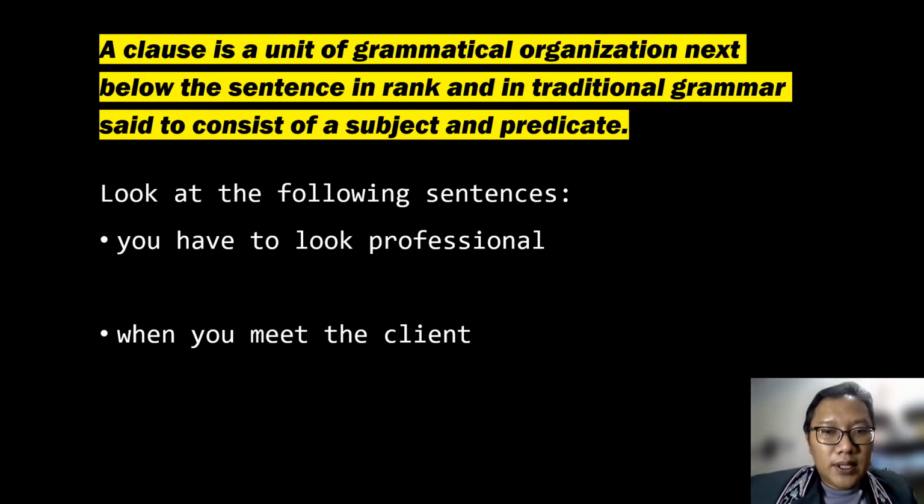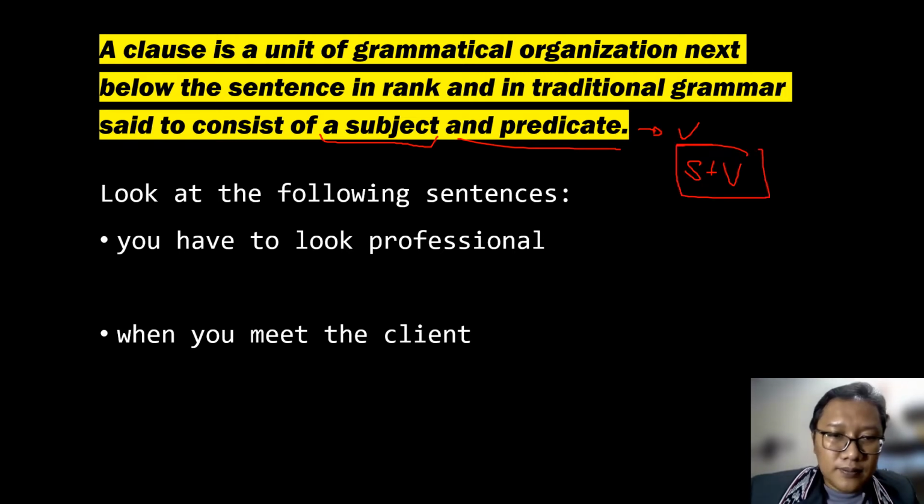So while a phrase holds one position in a sentence or in a clause, a clause should have at least a subject and a predicate. And in English, we always need a verb in our predicate. So it should have a subject and verb basically.